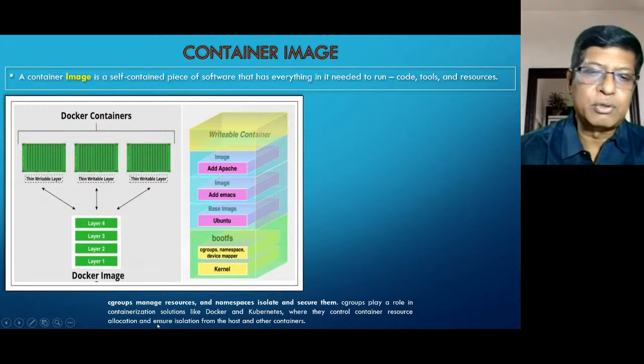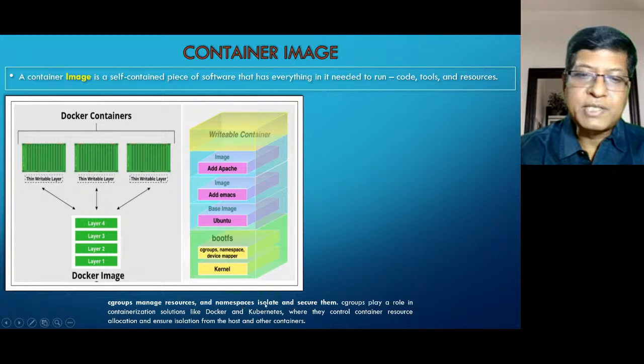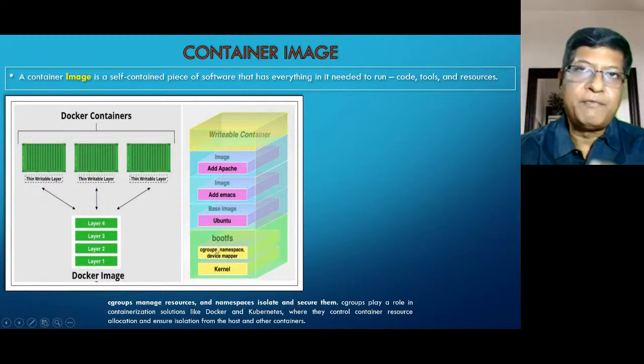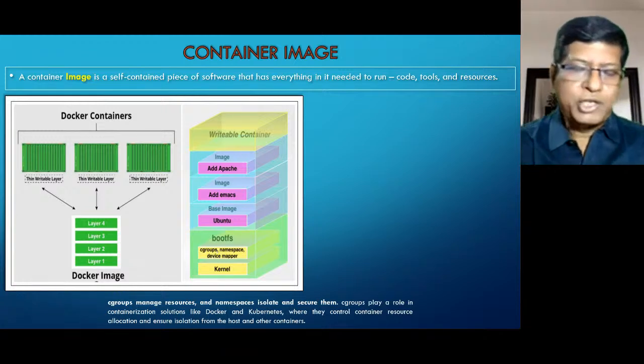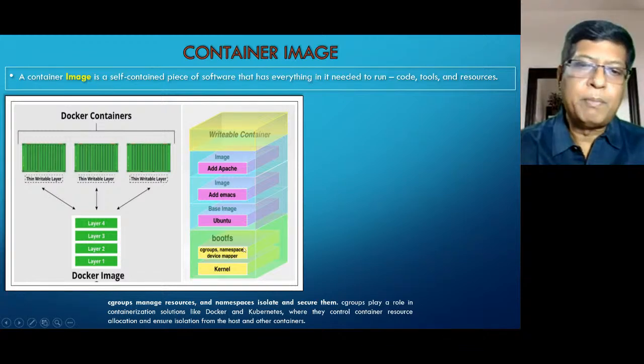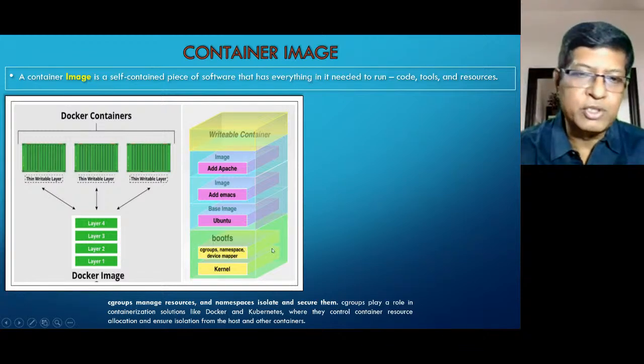It will manage those external resources. And what about namespace? Namespace isolates and secures them. So all the resources have their own spaces to work, and the namespace ensures that.